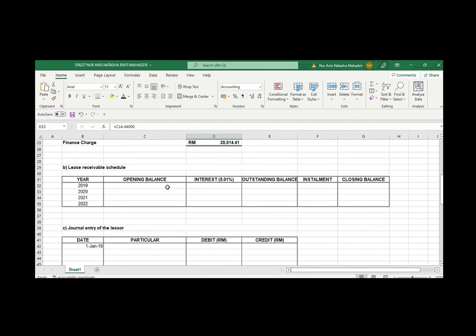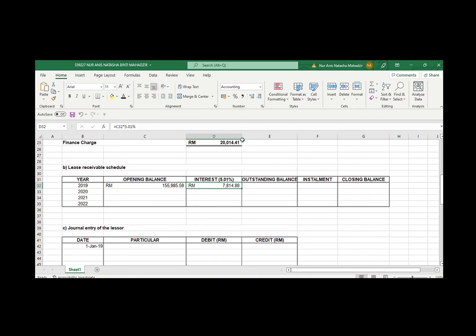We have to prepare the lease receivable schedule, which has opening balance, interest, outstanding balance, installment, and closing balance. Firstly, we have to find the interest for 2019. The opening balance has to be times the interest rate.